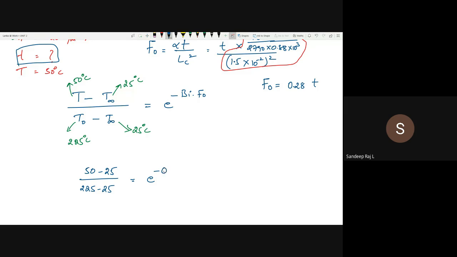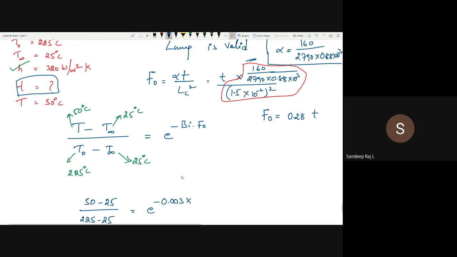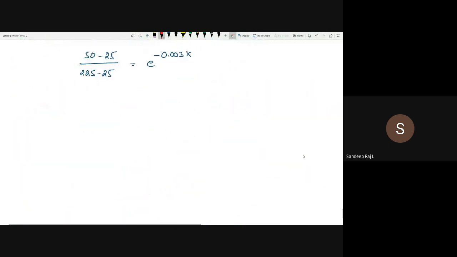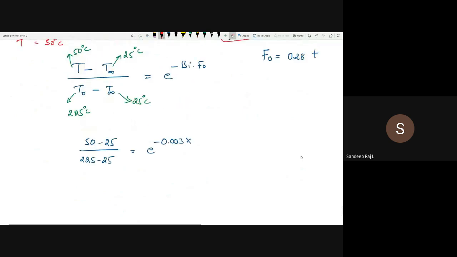Biot you got it as 0.003. Is it? Yes. Biot value you got as 0.003 here. And the Fourier value is 0.28 into time, you got it.